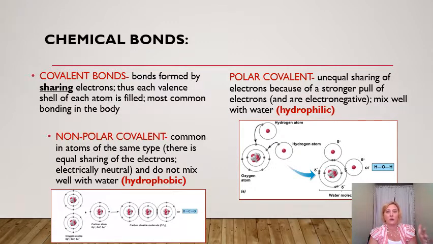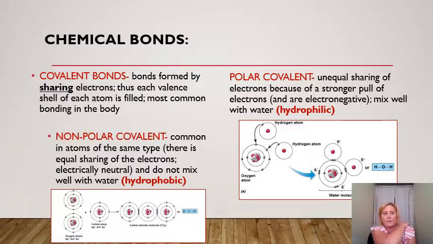So one might be a little more positive, one might be a little more negative, and those two electrical charges attract, so they're going to pull a little bit. Okay? So let's start off by talking about nonpolar covalent bonds.